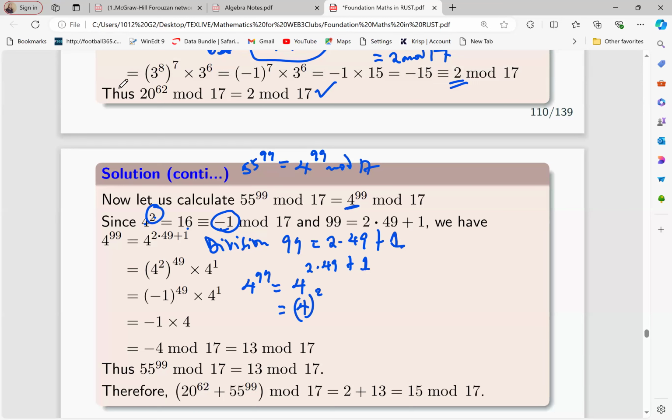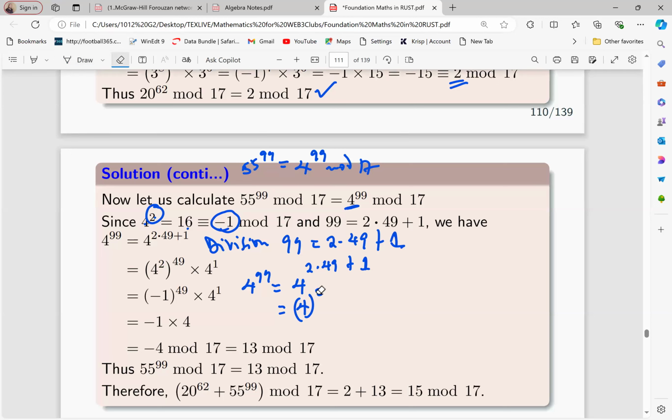I need to write it inside the bracket. So this is the same as 4 raised to 2, then raised to 49, times 4 raised to 1. But 4 raised to 2 is -1. So this is -1 raised to 49, and then this other one is 4. -1 times 4 is -4.